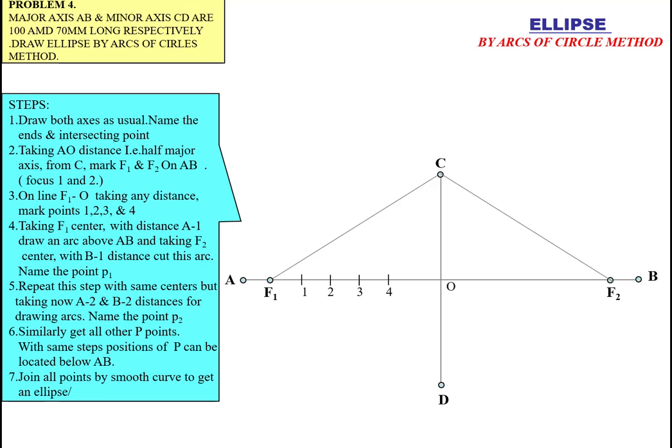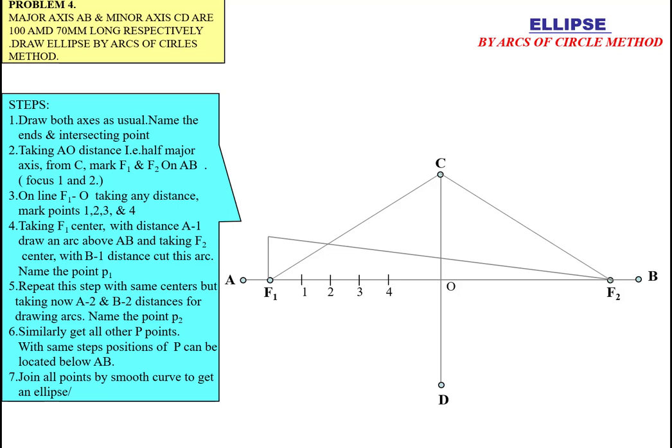Now take the rounder and take a distance from point A to point 1. So radius is A1 and center is F1. At center F1, mark an arc here. Now take distance B1 in the rounder, with center F2, and cut the first arc from center F2.